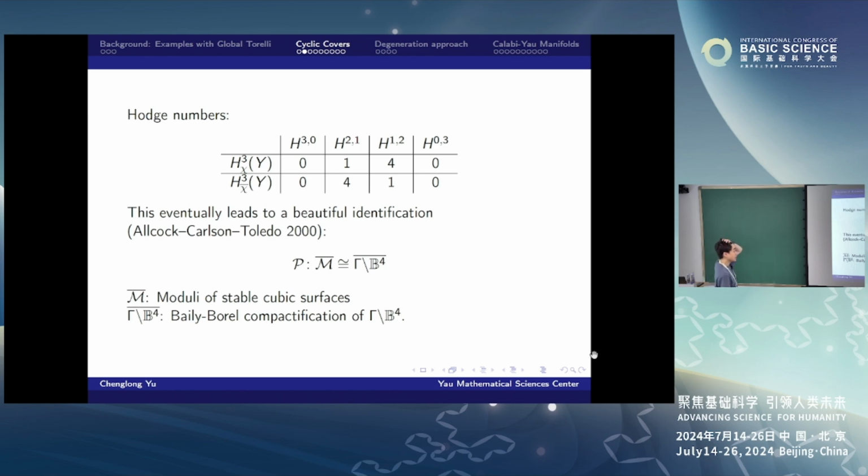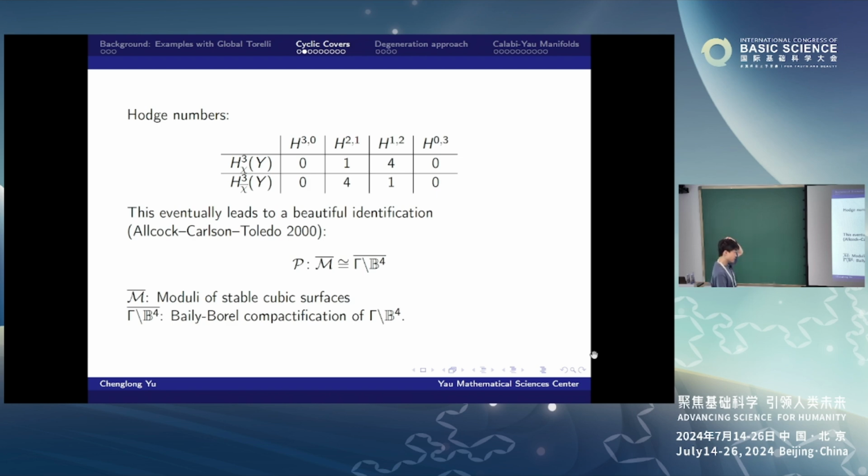You can have a GIT moduli of all these cubic surfaces, and the corresponding period domain is the 4-dimensional hyperbolic ball quotient by an arithmetic lattice acting on B4, and you have a very natural compactification called the Baily-Borel compactification. This is also how people prove that the original variety is quasi-projective. In fact, you only need to add some points at infinity to this B4 modulo Gamma.